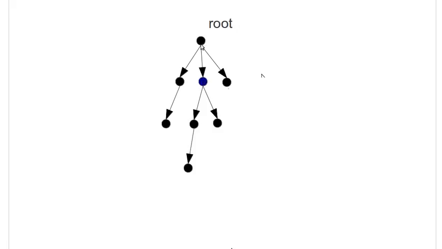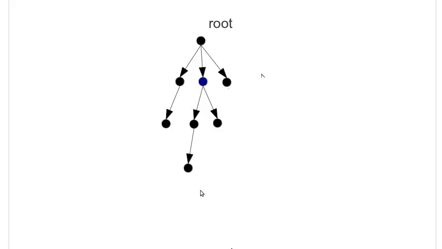The nodes directly below it we refer to as its children. All of the nodes, if there were multiple nodes going between here and the root, all the nodes on a direct path up would be called the ancestors, and everything that is below it is called the descendants.